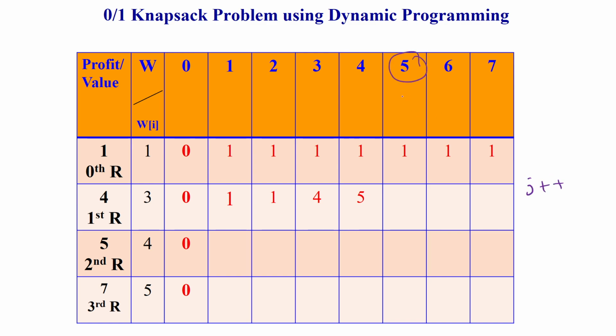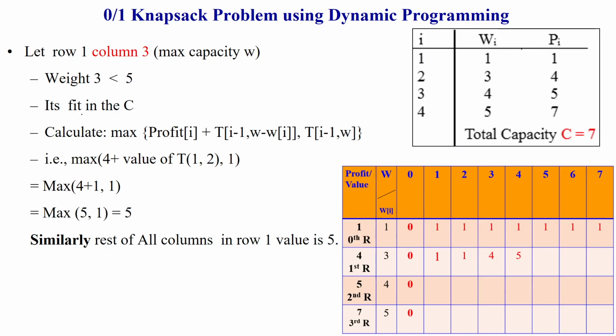Now here we have to select the fifth column, where the maximum weight is 5, right? The weight of this current product is 3, so it is possible to select the item in this column. When you apply the formula, you will get the value 5, so you write 5 here. Like that, checking the sixth column, the maximum capacity is 6 and the product's weight is 3, so it is possible to select. Applying the formula, again you get 5, so you write that.